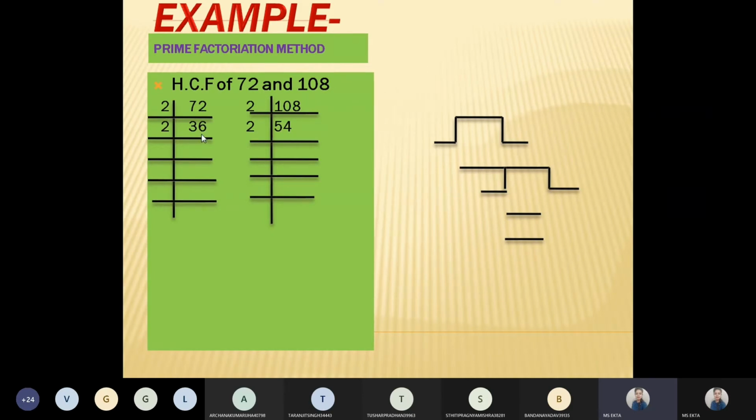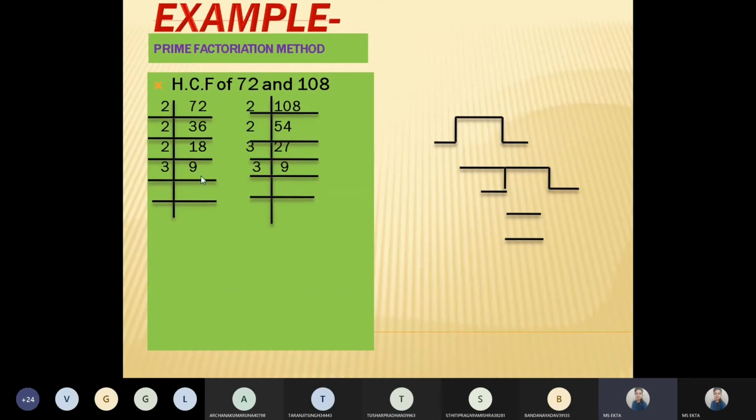We got 36. Again it goes on 2's table. 2 18s are 36. Again, is it divisible by 2? Yes, and we got 9.